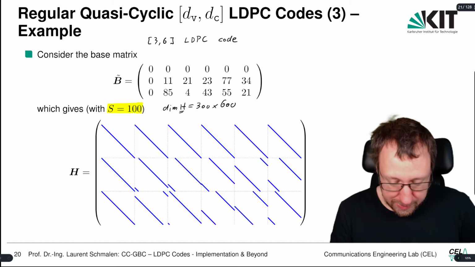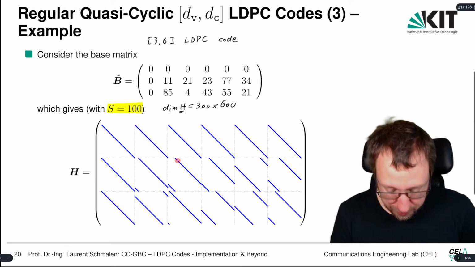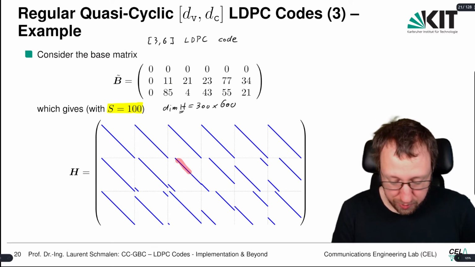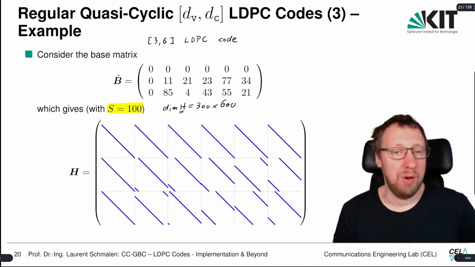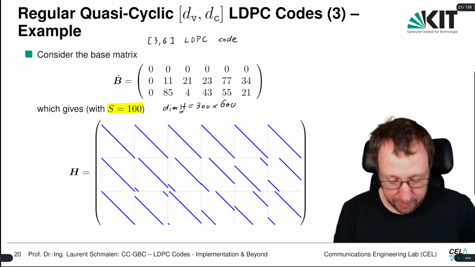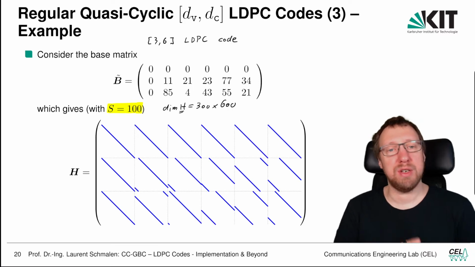And here you can see the cyclic shift. So this is the matrix shifted by 11 positions to the right. This is the matrix shifted by 21 positions to the right. The matrix shifted by 77 positions to the right, and so on. And the grids are used as visual guidelines to be able to distinguish the different blocks.